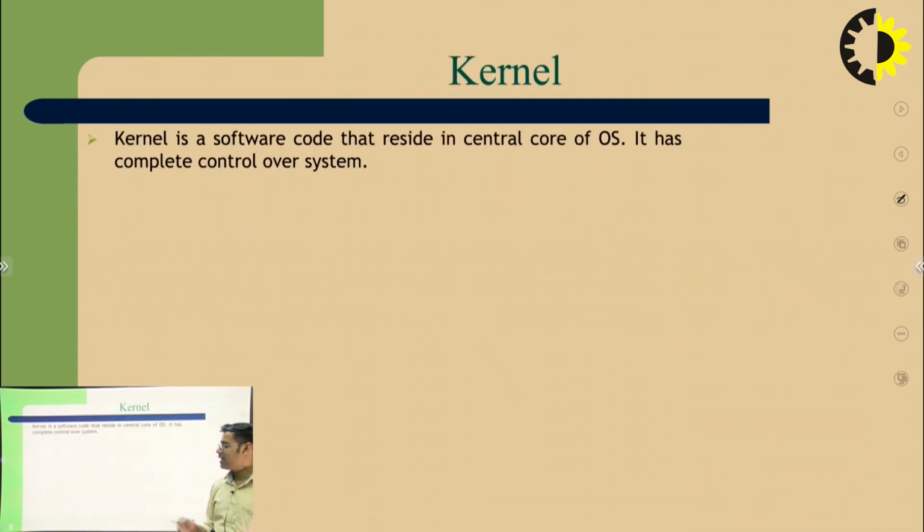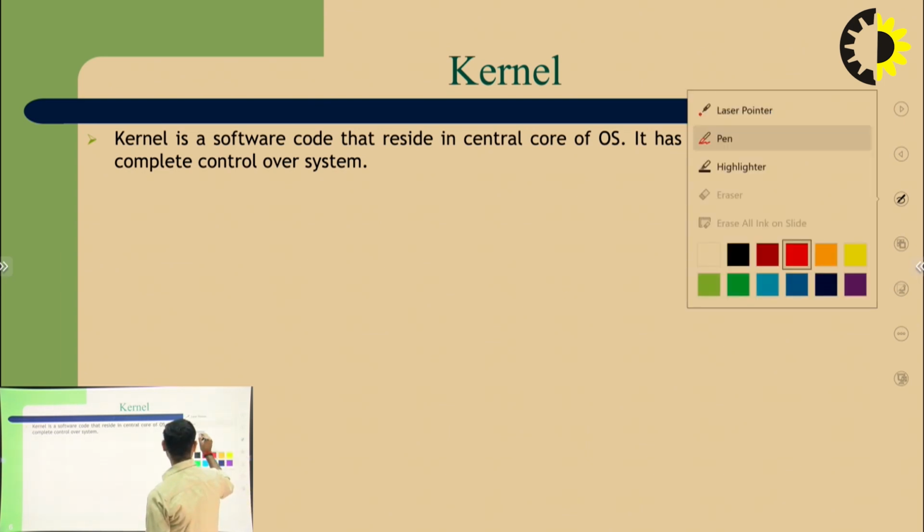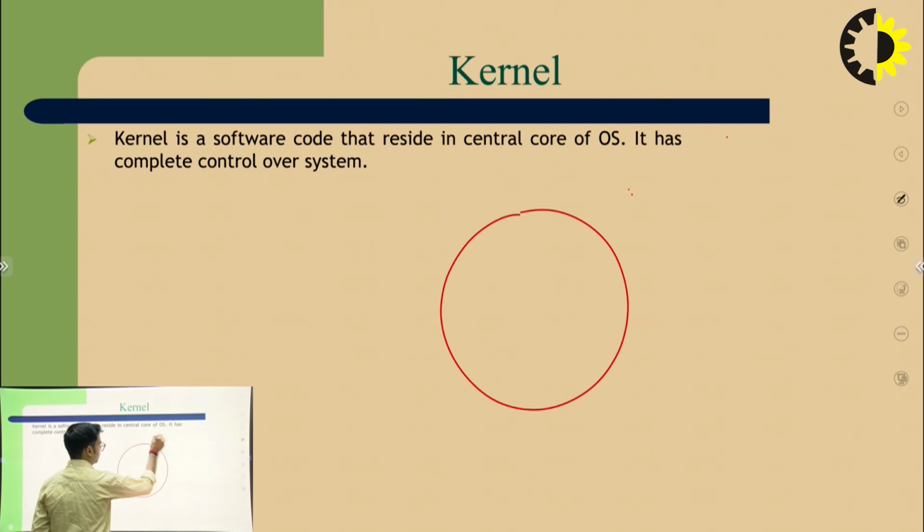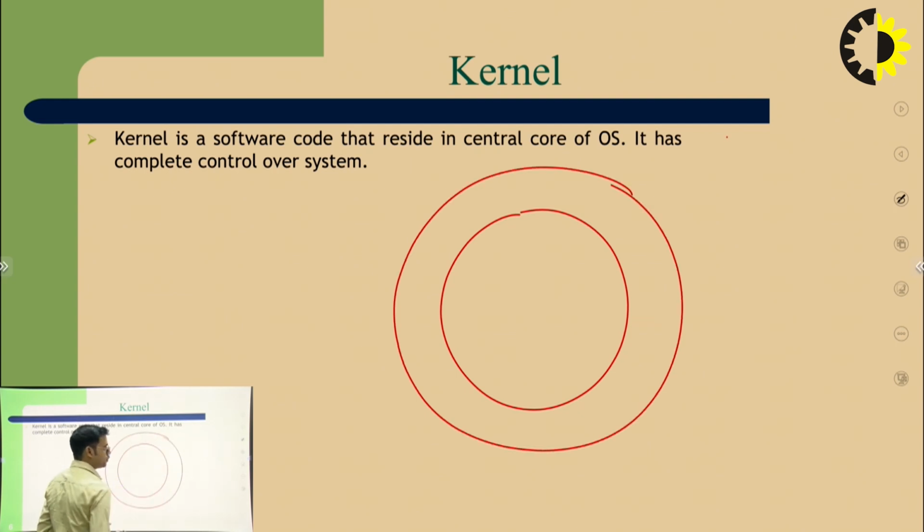The kernel is software code that resides in the central core of an operating system. So basically, what does that mean? The operating system is divided into two parts. This is your operating system.